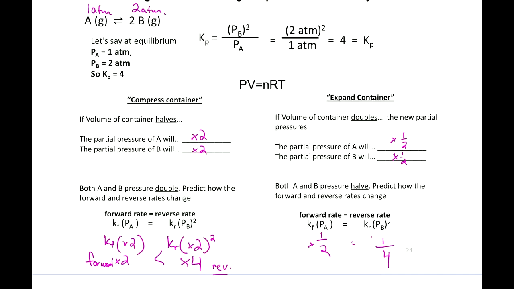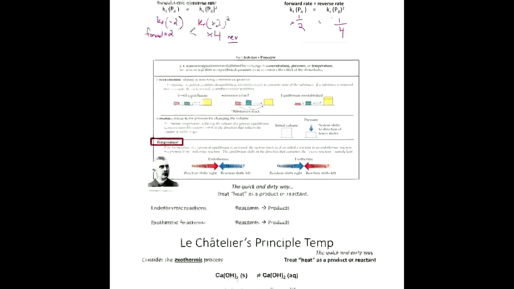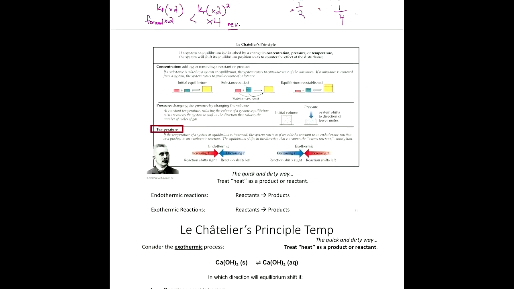So that is why an overall forward shift to the product side is seen here. And it has to do with disrupting of the rate laws at this moment. Okay, good. All right, so perfect timing, because now we'll do the last one.